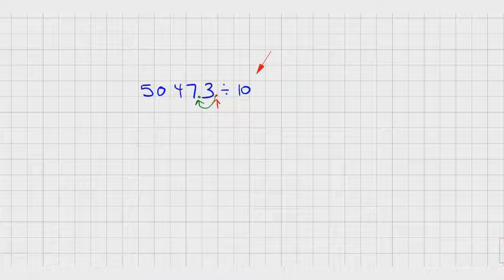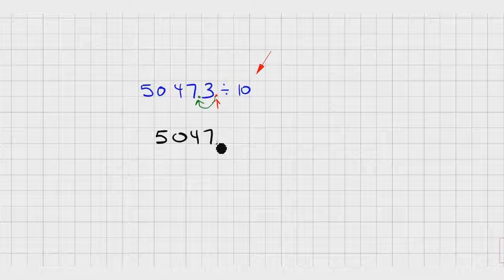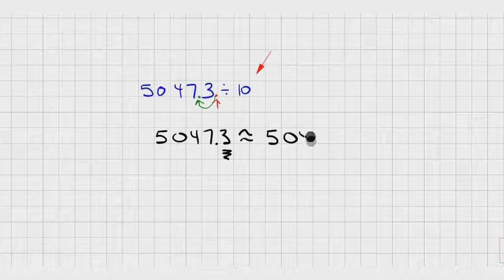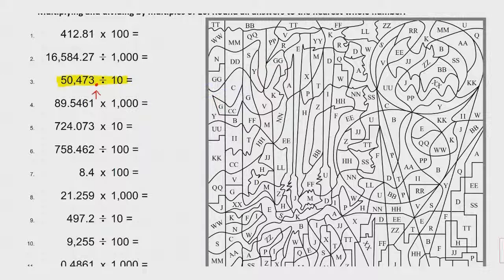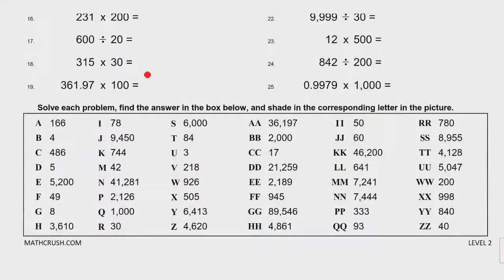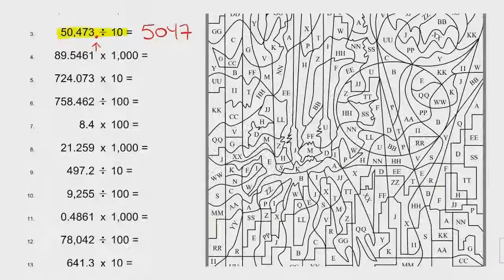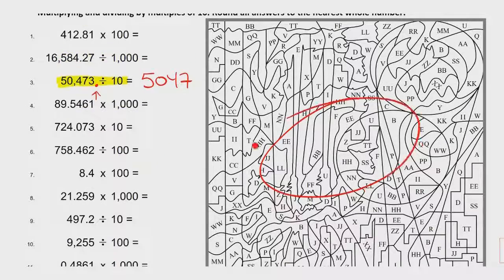So our new answer is 5047.3. And again, we have to round to the nearest whole number. And since this is a 3, this tells us that this is approximately 5,047. And we'd come back over here and we'd write an answer of 5,047. We would find it down here. We'd find the letter and we'd shade in all the letters we find in the picture.